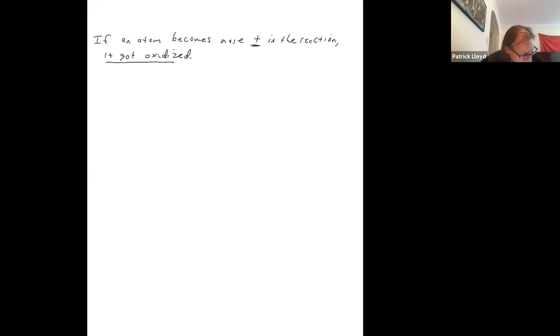Let me write that down. Losing electrons is oxidation, and the way I remember that is LEO. If you lose electrons, you become more positive, because you're losing negative charge.